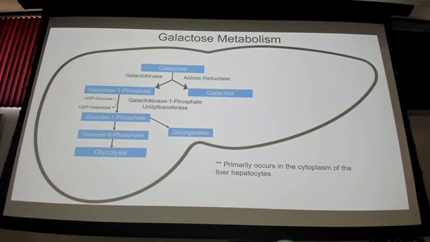If there are any issues with the enzyme galactose 1-phosphate uridyltransferase, we will have a buildup of galactitol, which is a product of improper metabolism of galactose, and that can cause cataracts. That's not the take-home message of this slide. The take-home message is galactose will be converted to glucose 1-phosphate and then glucose 6-phosphate and into glycolysis. Any questions?